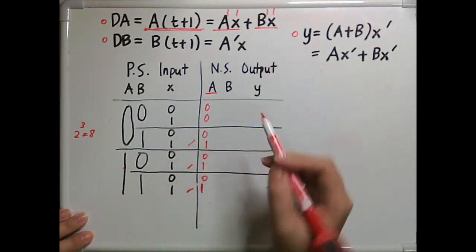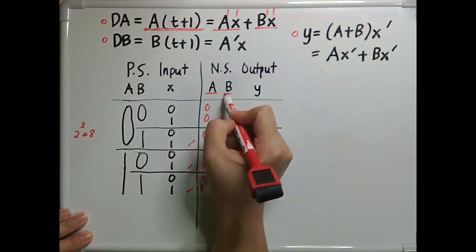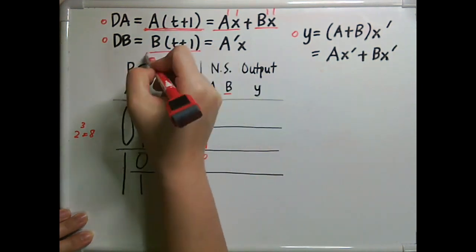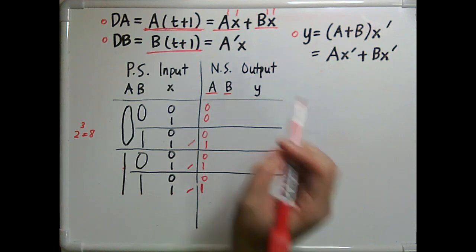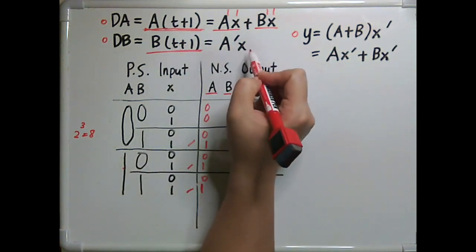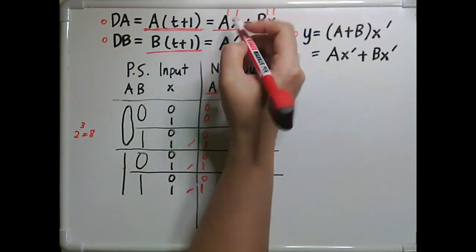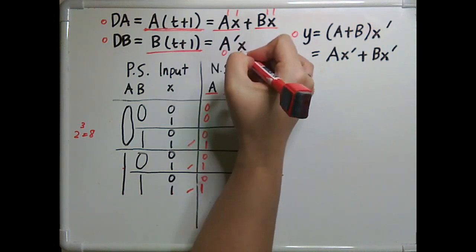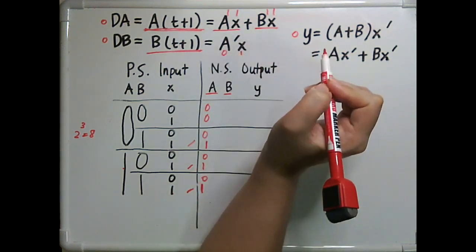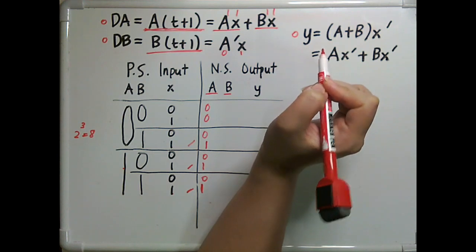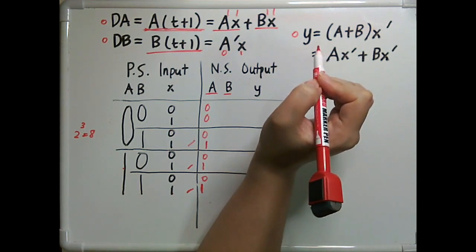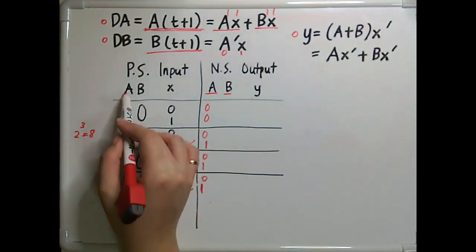Okay, next let's proceed. B. So our next state for B is found here. So this is equal to a prime x. So since a is primed, a must be 0 and x unprimed must be equal to 1. So let's find that certain combination in our list of inputs. So we have a here, 0.